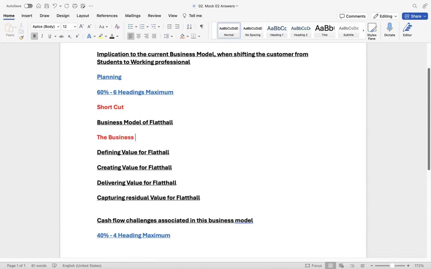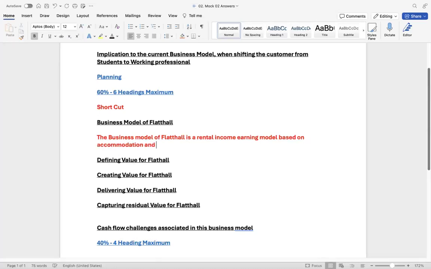The business model of FlattHall is a rental income earning model based on accommodation, and this business is effectively targeting the student population exclusively.